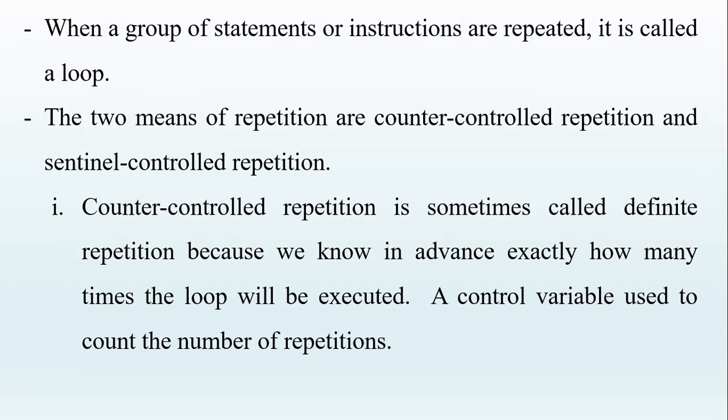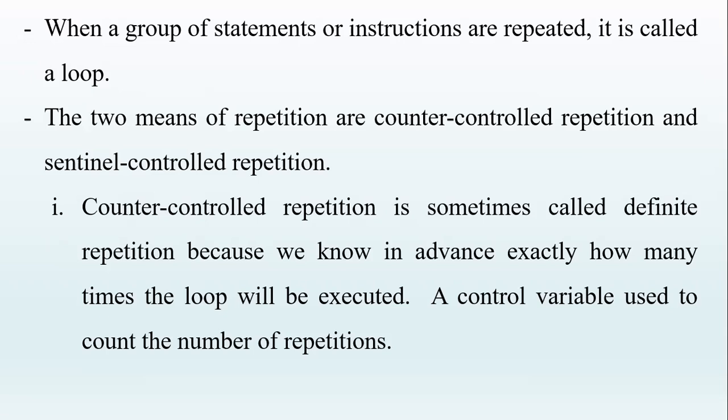For example, if you want to enter or compute marks for 50 students, it means that you already know that you are going to repeat computation for students from the first one to the 50th one. And therefore, the control variable in this case will be the number of repetitions, which is 50. So you know in advance that you are going to compute marks for 50 students.